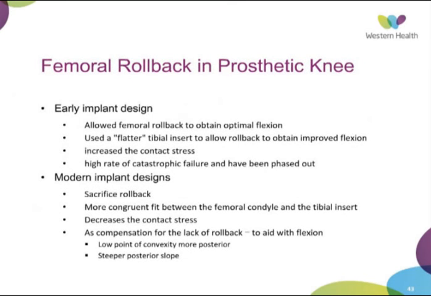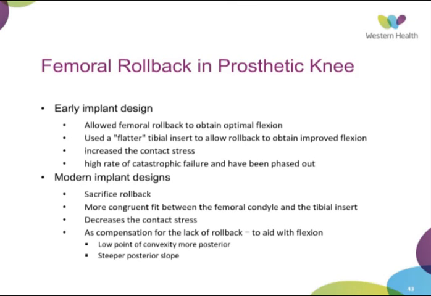So in a prosthetic design, early implants allowed femoral rollback to obtain optimal flexion, and by using a flatter tibial insert, it allowed the femur to roll back on that as it flexed. But this means that there's a lesser contact or surface area of contact, which increases the stress in that, and it was shown that this can contribute to catastrophic polyethylene failure.